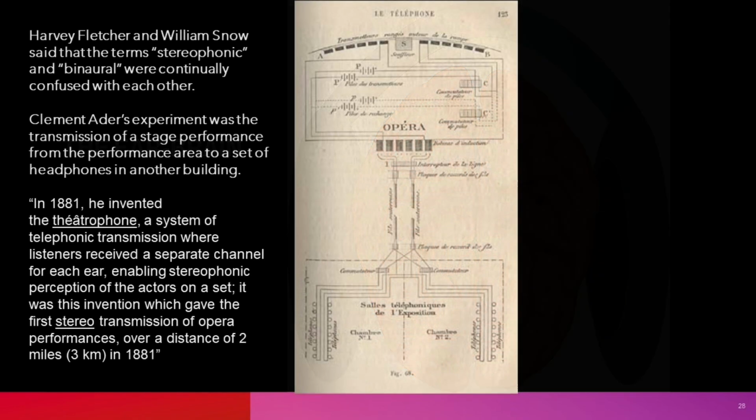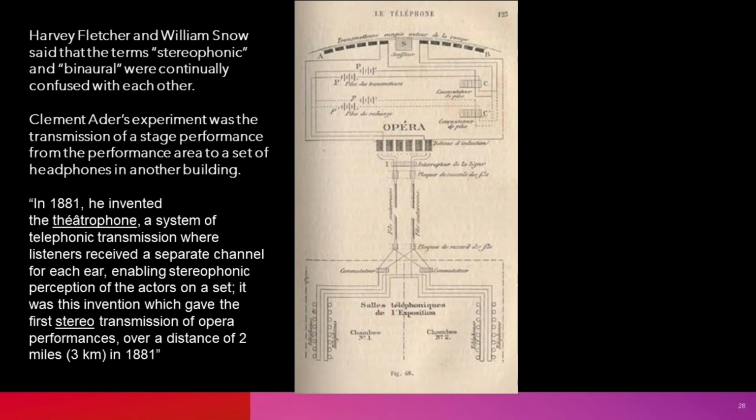Harvey Fletcher and William Snow: stereo and binaural are going to be continually confused with each other. This is Clement Ader's experiment, and obviously it's a binaural experiment. I don't know what he used for microphones, but the receivers were two telephone receivers.